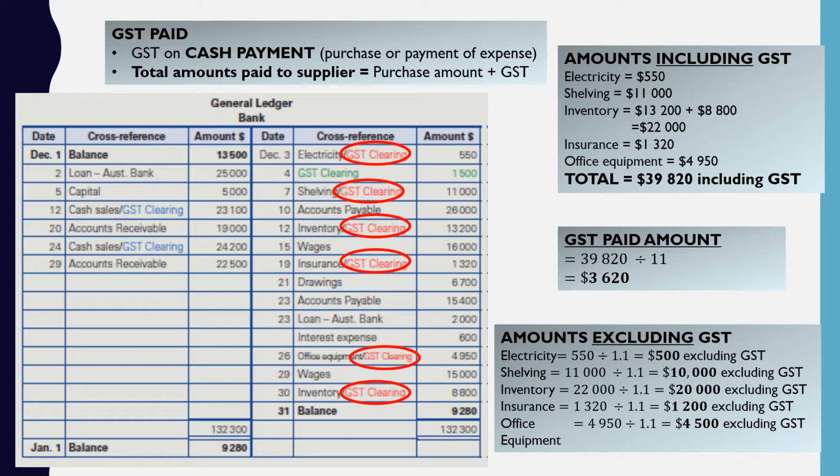Let's start with electricity. $550 was the amount including GST. To calculate the amount excluding GST, we divide this by 1.1, and this gives us an electricity expense amount of $500. We do the same for shelving, inventory, insurance, and office equipment.